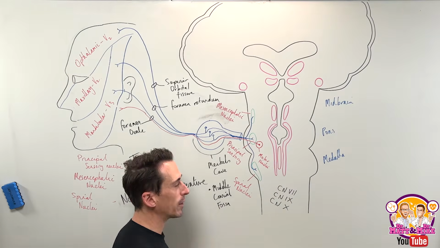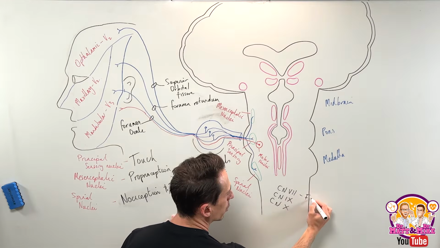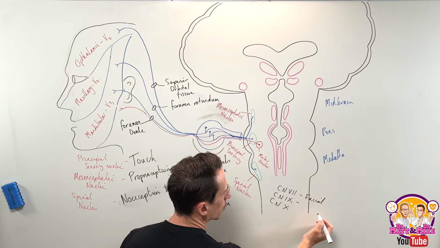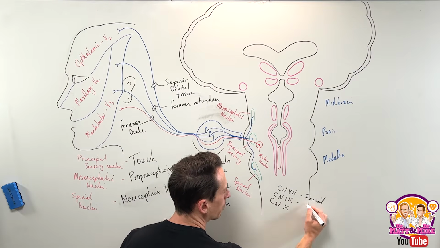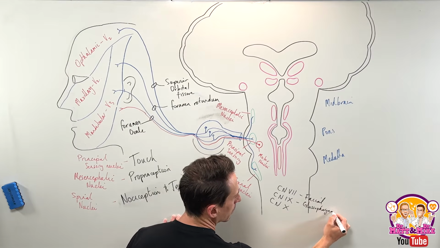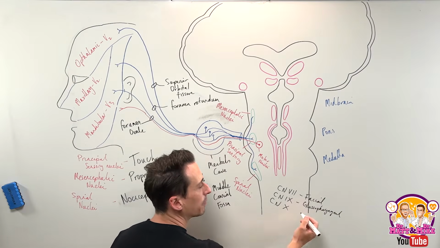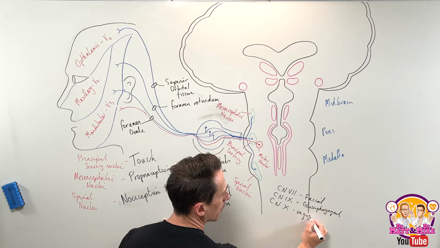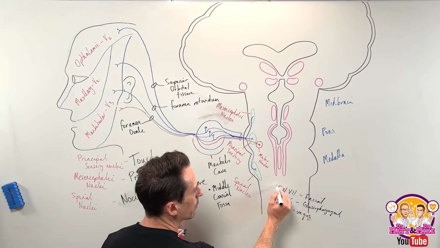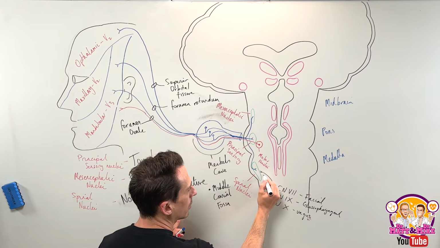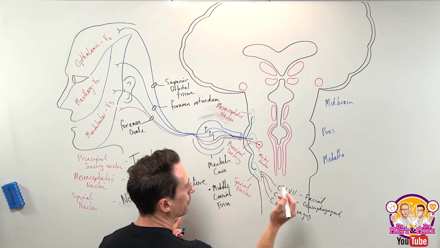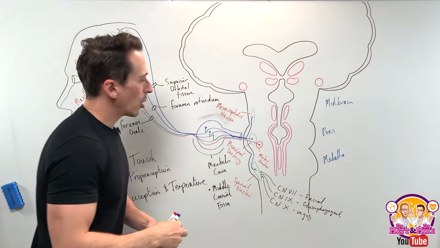Do you remember those cranial nerves? That's going to be the facial nerve. Cranial nerve 9 is going to be glossopharyngeal. And cranial nerve 10 is going to be the vagus. So they send sensory information as well to the spinal nuclei. Brilliant.